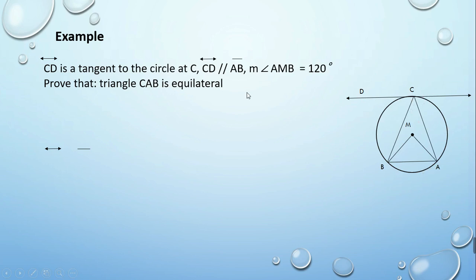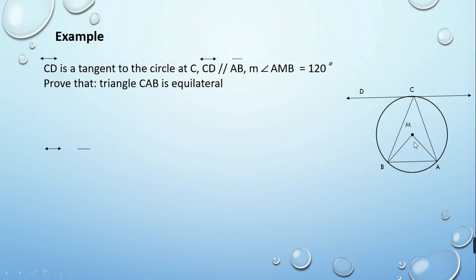The measure of the angle AMB is 120 degrees. Angle AMB is a central angle because its vertex is the center of the circle. Prove that triangle CAB is an equilateral triangle.